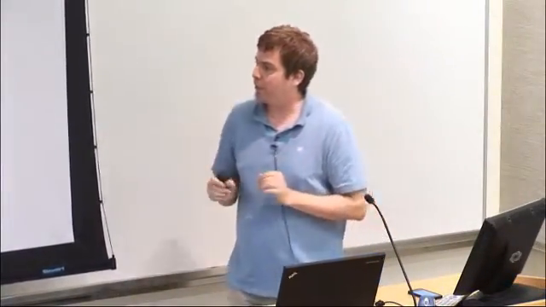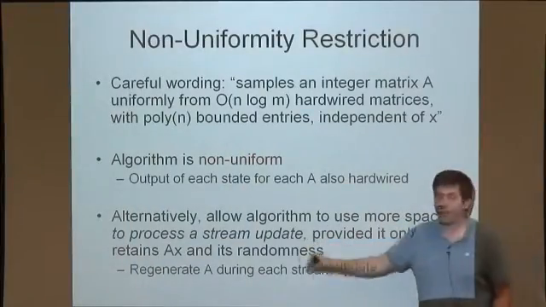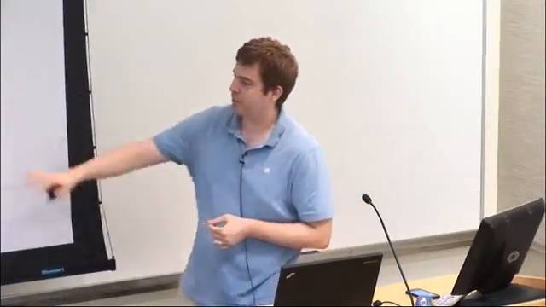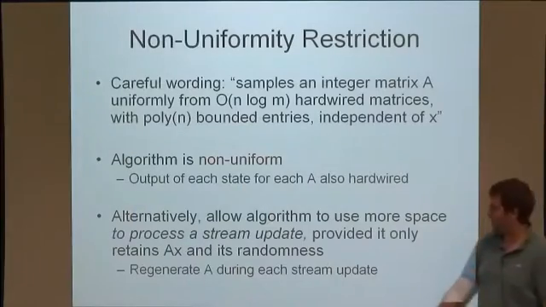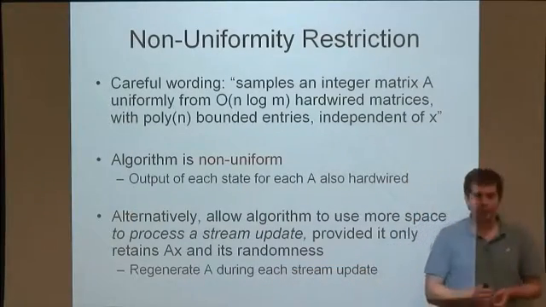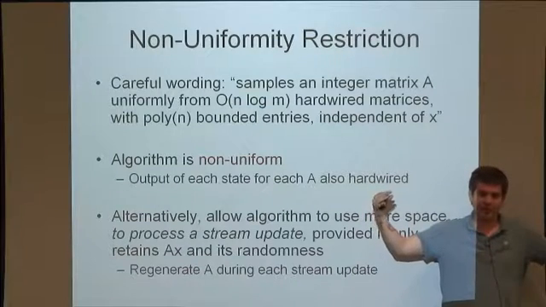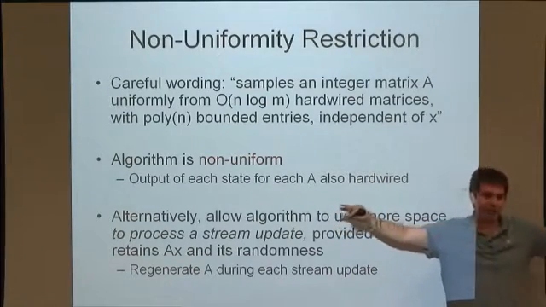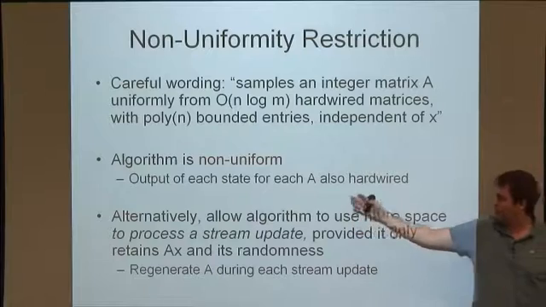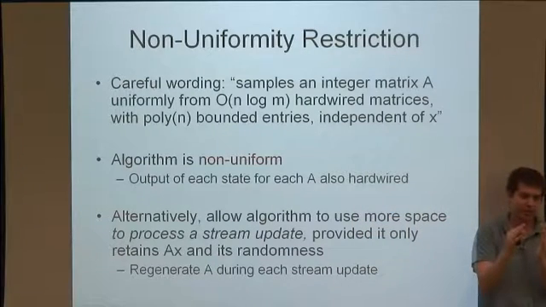If you don't like non-uniformity, you can alternatively allow the algorithm to use more space to process a stream update, provided it only retains A times X and its randomness after processing each update. Basically, there is a constructive procedure: during each stream update, you can run this procedure and regenerate this matrix A. You can generate these n log m possible matrices, and use your randomness to choose the one that you've been using.